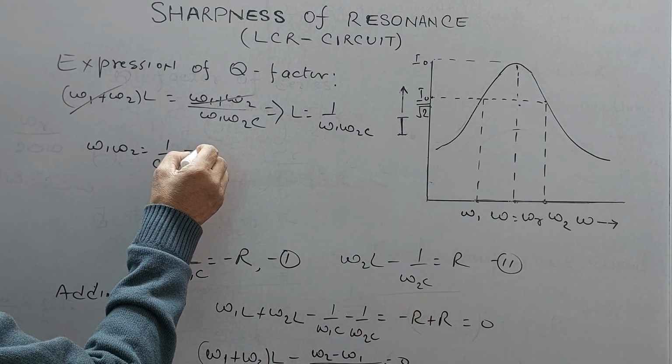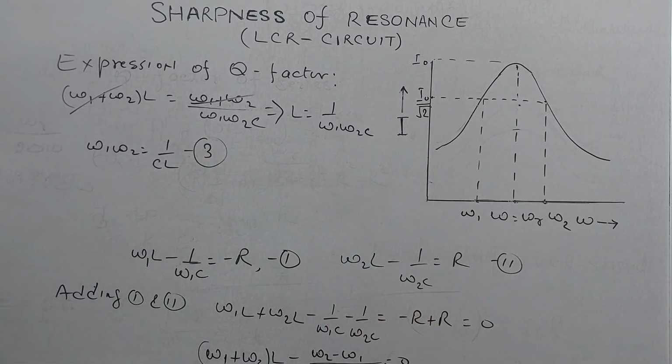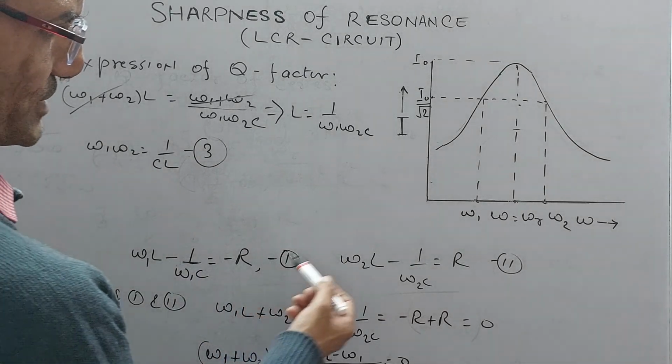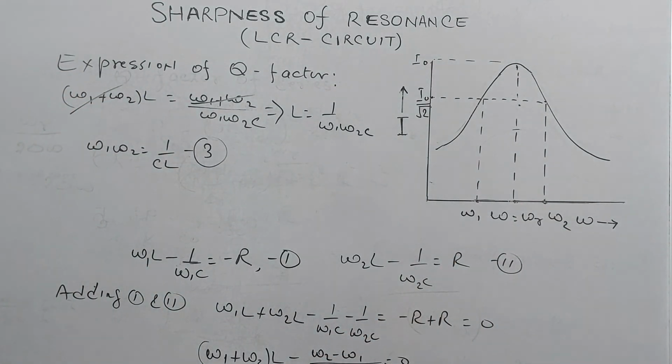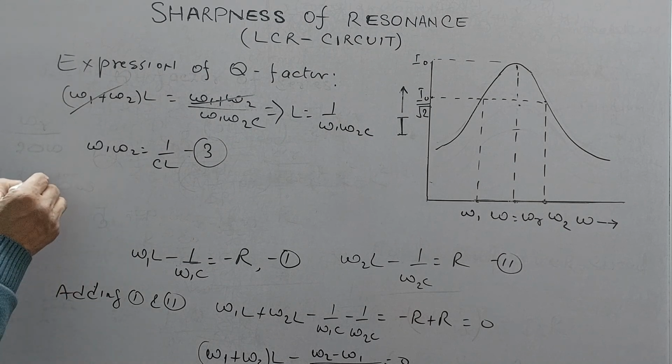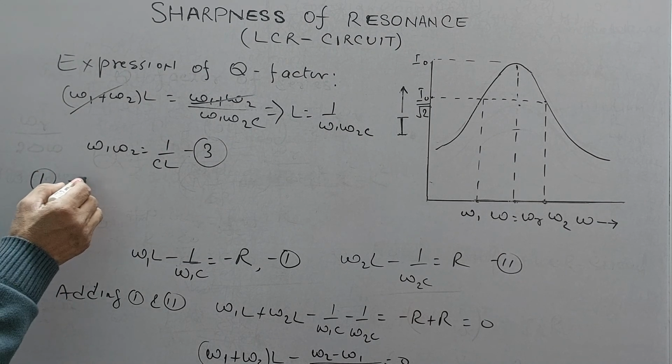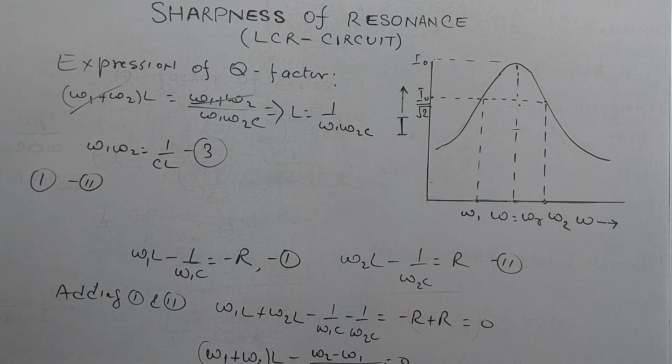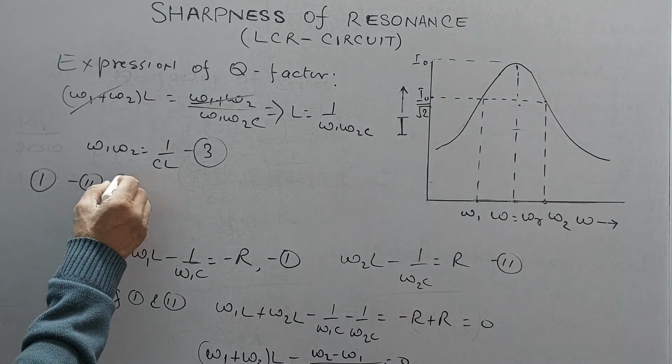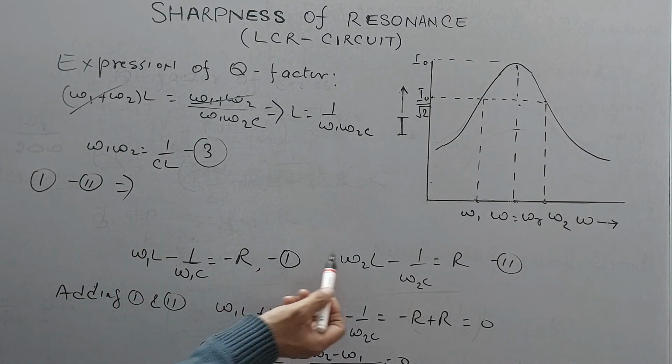Now let's put this in equation number 3. Now from equations first and second, if I subtract, subtracting equation number second from equation number first, I will be able to find this minus this.